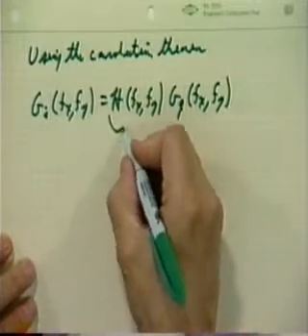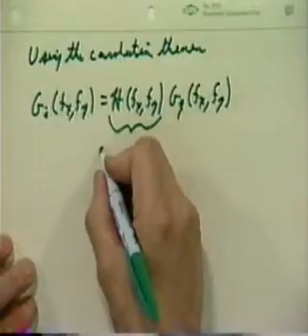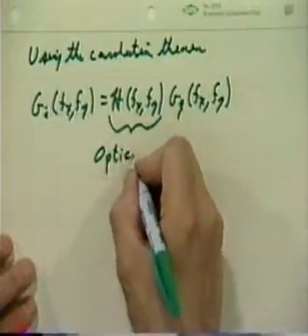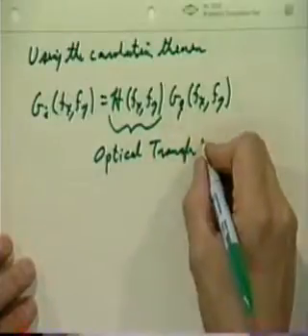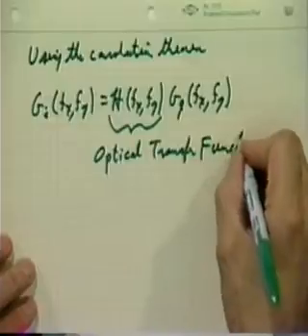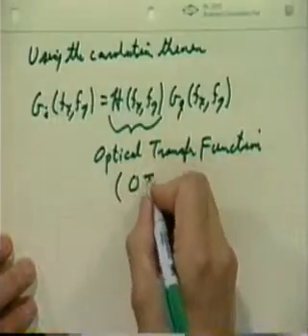And this h here is what we call the optical transfer function. And so OTF for short.